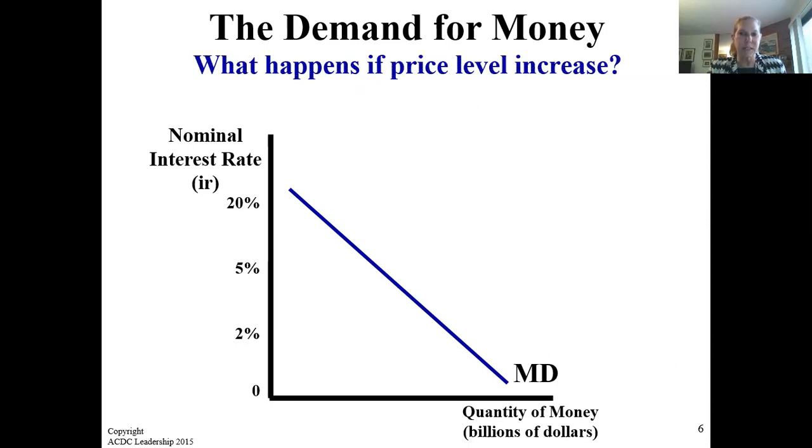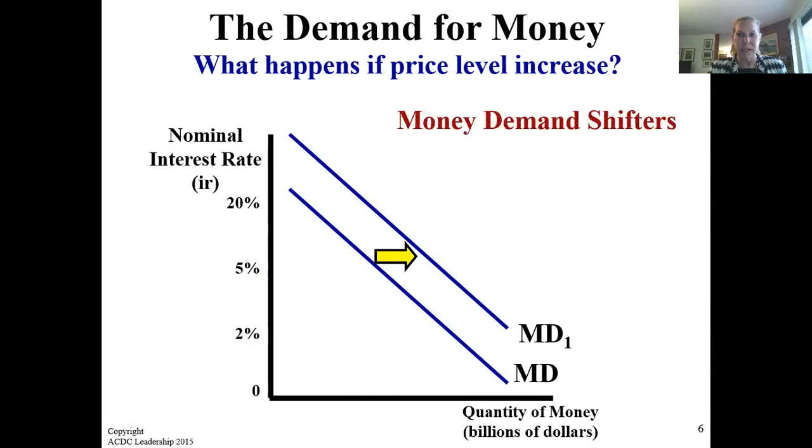What happens if price level increases? Then there's a rightward shift in the demand for money. Money demand shifters. You need to commit these to memory and be able to set up this model and use it. Okay, one, changes in price level will shift the demand for money.